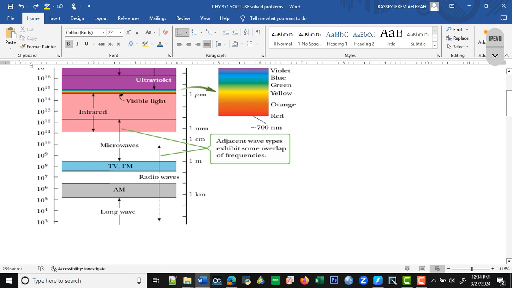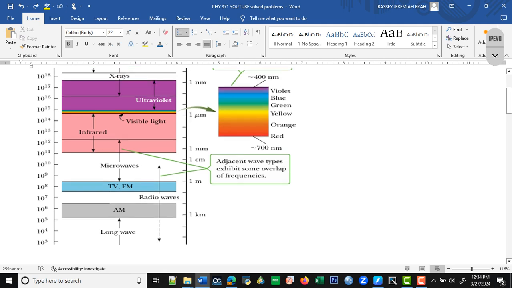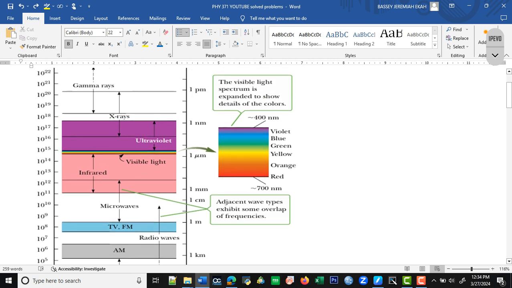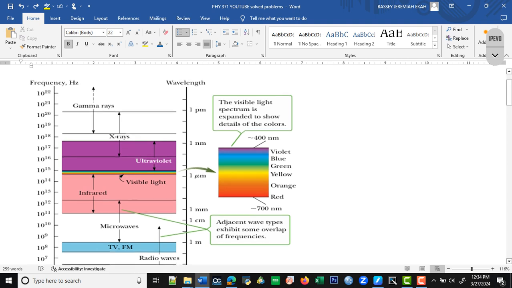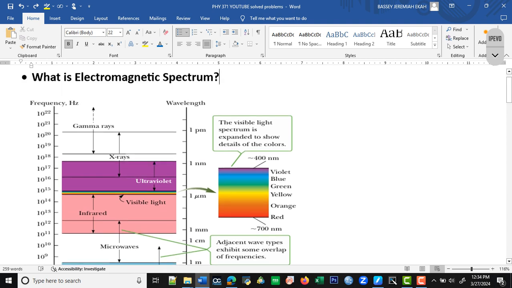We have the radio wave. After the radio wave is the microwave. After the microwave is the infrared. After the infrared, we have the visible light. The colored region here is where you have the visible light.